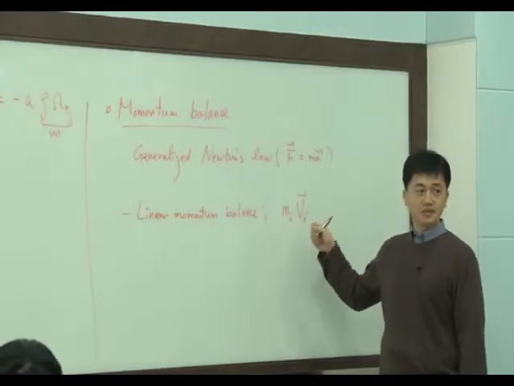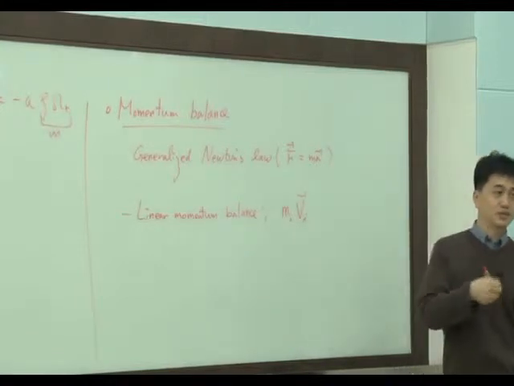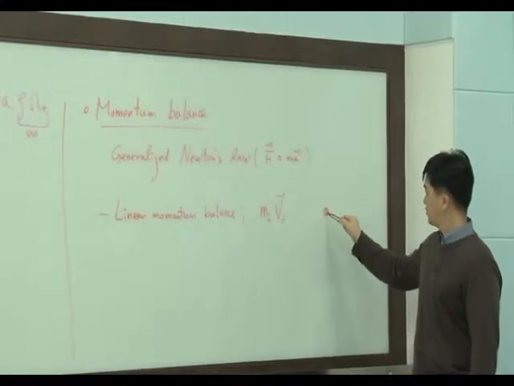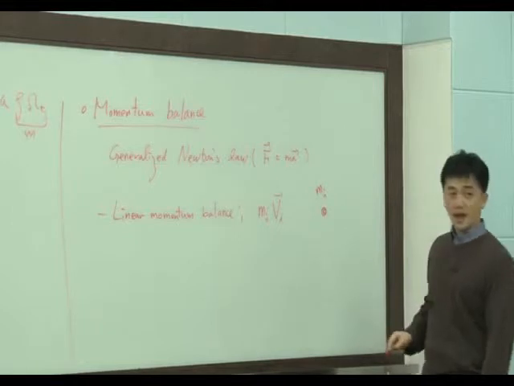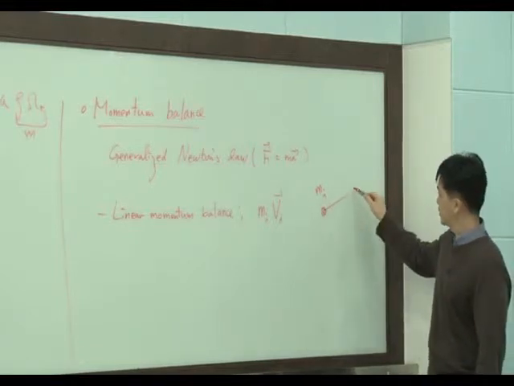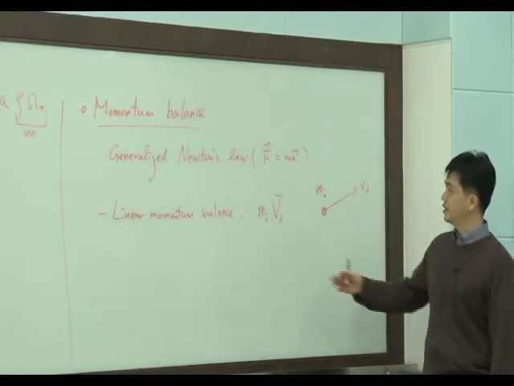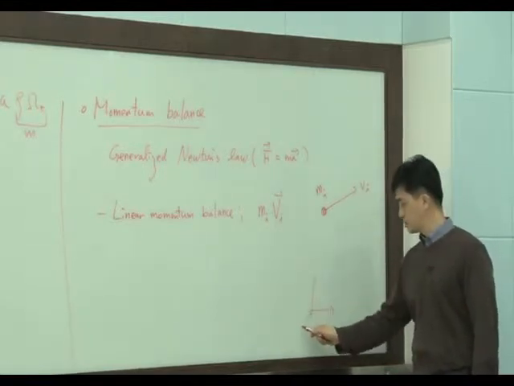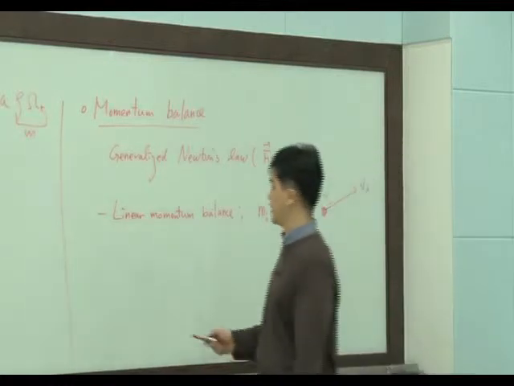And I mean some particle. m_i is the mass of some particle. So here I have a particle and its mass is m, and it's moving with the velocity v_i. And its linear momentum is mv. And of course, we need to have some coordinate system.